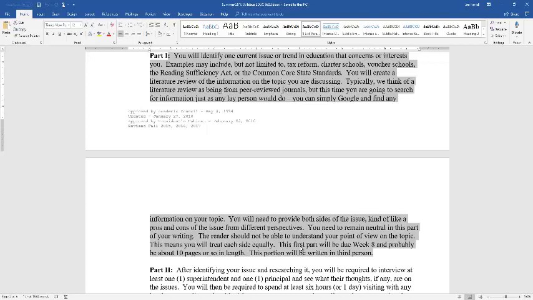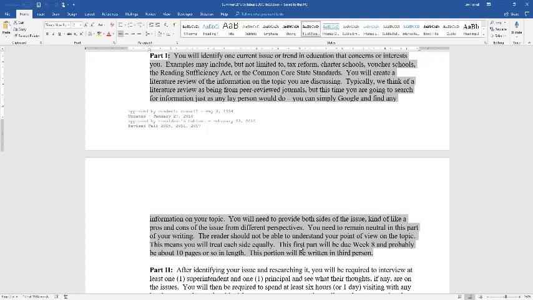Another one that I thought of recently that is kind of interesting is, should children be taught cursive writing in elementary school? You may think, again, that that's a controversial topic, and it may be, but you're not going to find anything out there that probably refutes it. And if you are, it's going to be very limited.